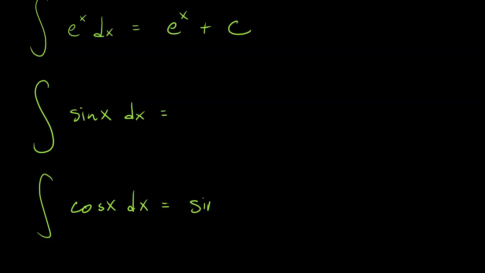And so if I take the derivative of positive sine, my answer would be positive cosine. And you guys will kind of remember that when you did derivatives, derivative of cosine was negative sine. So integrals and derivatives are going to be backwards for this. Integral of sine is negative cosine.